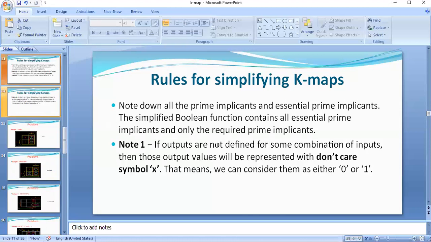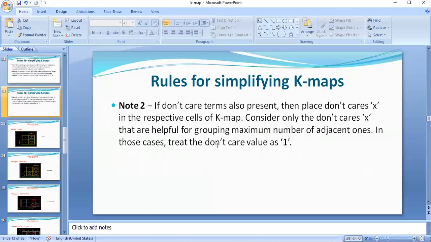We can consider them as either 0 or 1. For SOP simplification, we consider don't cares as 1. For POS simplification, we consider them as 0. These don't cares are helpful to reduce the given function. These are the simplification rules for the K-map to get the minimized expression.